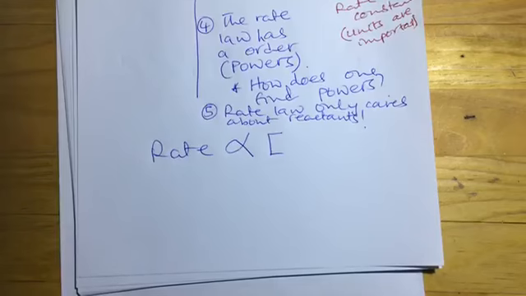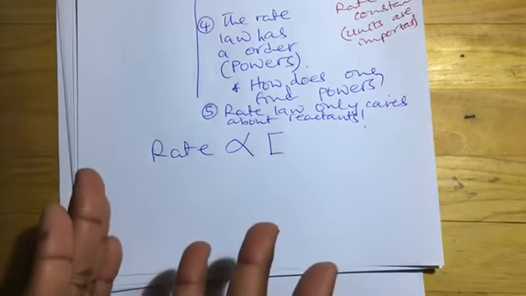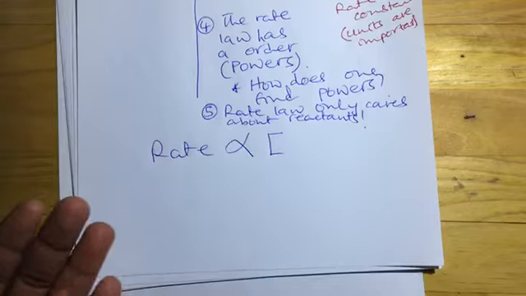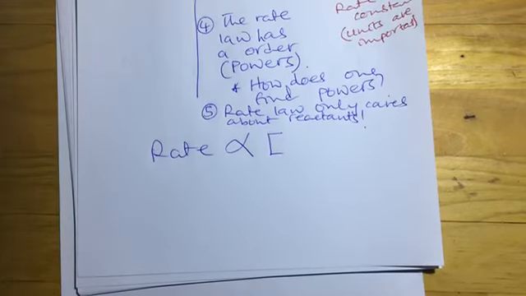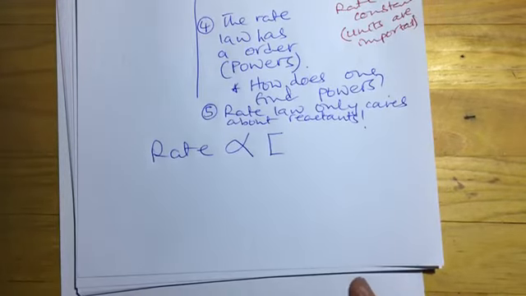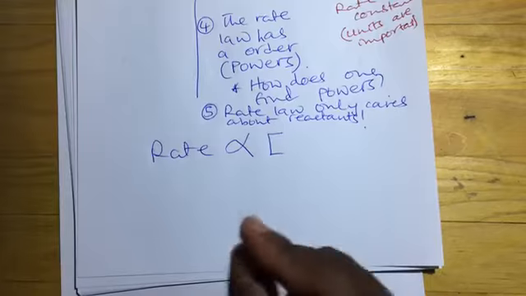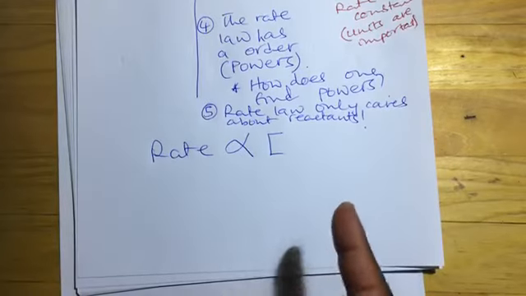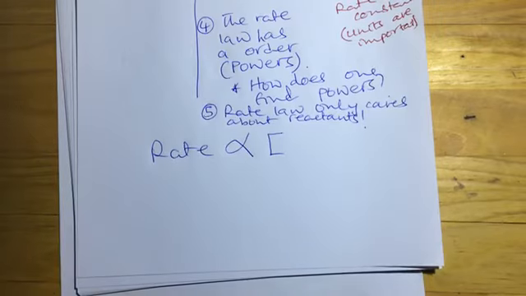The rate law is only interested in reactants. But the general rate could also include products. Rate law is always positive. Despite it being interested in reactants, it will still be positive. But for the general rate, if you're dealing with reactants, it's going to be negative.